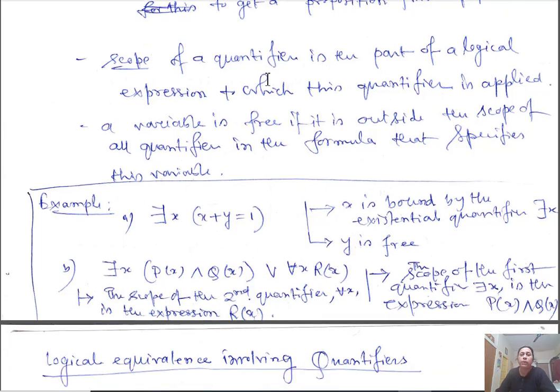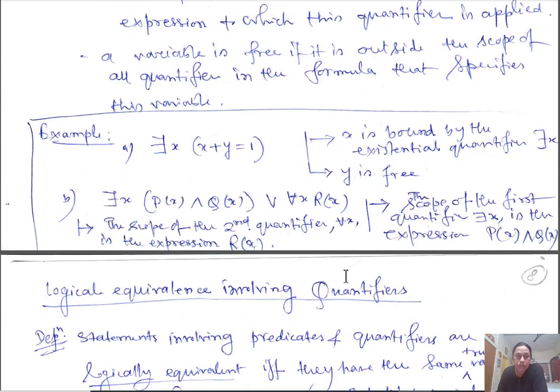The scope of a quantifier is the part of a logical expression to which this quantifier is applied. So there exists applies only to this part of the logical expression, and for all is applied only to this expression. So this is a free variable, this is a bound variable, this is the scope of a quantifier.